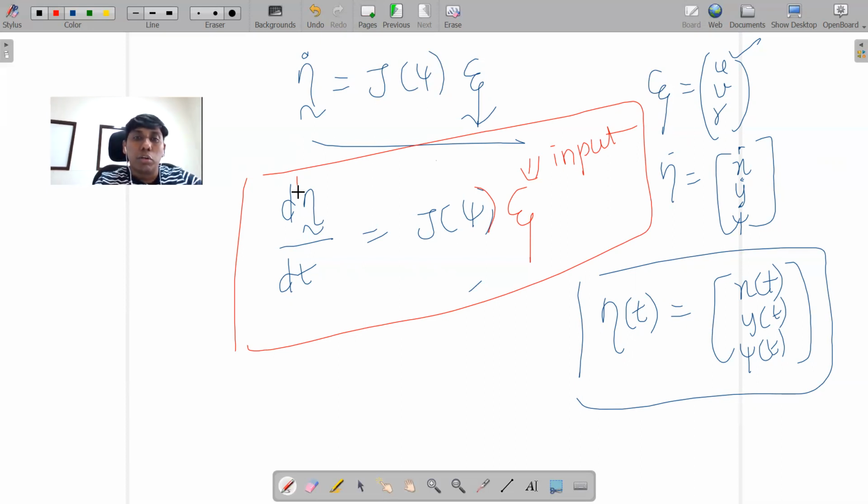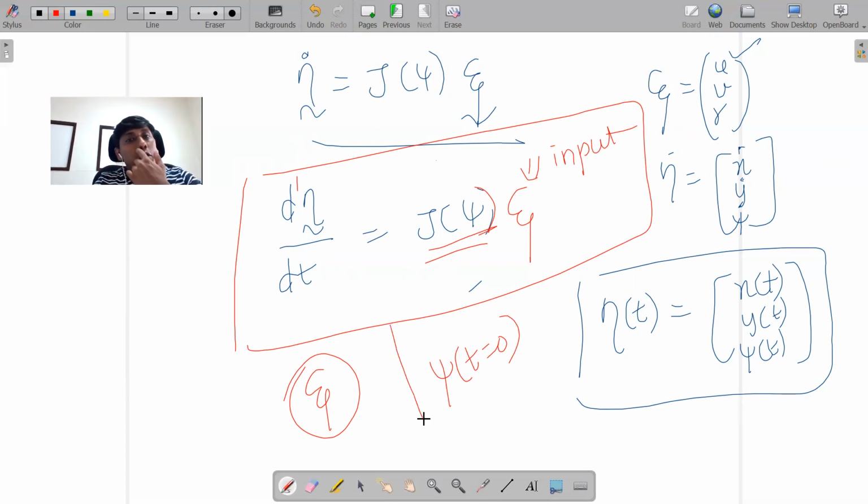For solving this you definitely need the input, and this equation requires psi of t equal to 0 as the initial condition. So if that is the case, what are the ways to solve it?